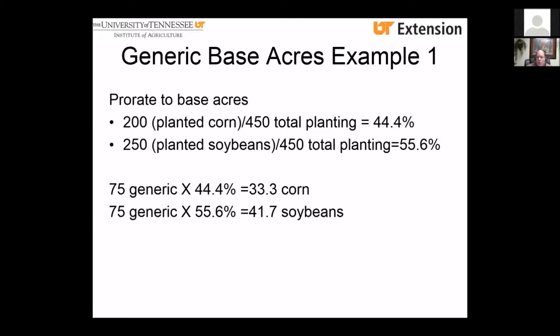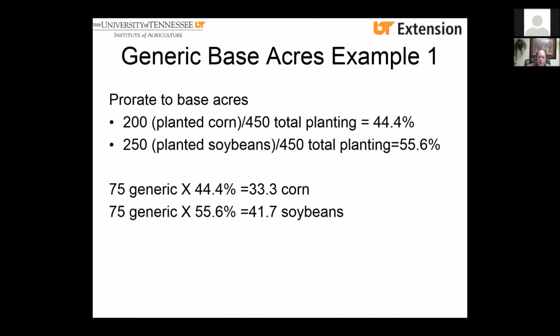Because we're planting more than one covered commodity, we'll have to prorate the generic base to those two crops, corn and beans, and make those payment acres. So if we had 200 acres of planted corn, we divide that by the total number of acres planted, which is 450 in this example. That's 44.4%.